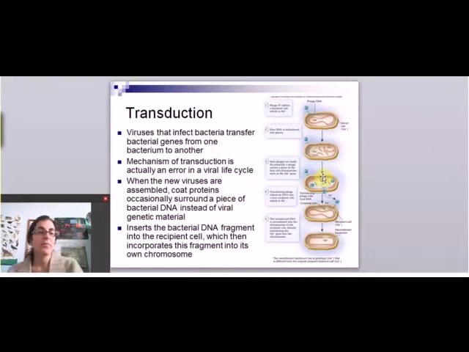Okay, the third method of gene transfer is transduction. And transduction is going to occur through a virus. So we've looked at the viral reproductive cycle. Remember that when a virus comes into the bacteria, so here's the virus entering the bacteria, it's going to want to take it over and turn it into a virus-making machine.